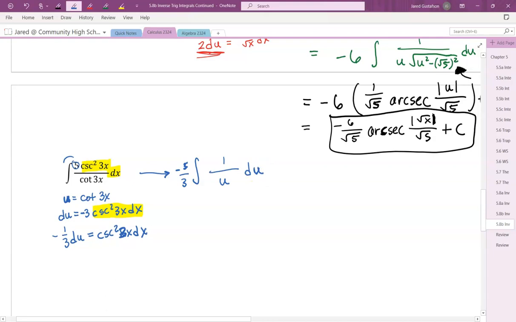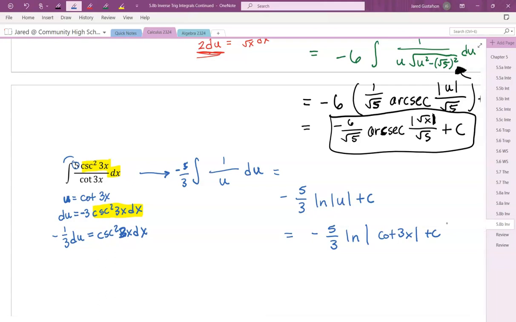And at this point, not too bad. -5/3 natural log of the absolute value of u plus c, giving us -5/3 natural log of cotangent of 3x plus c. So again, this problem was more about trying to think ahead.